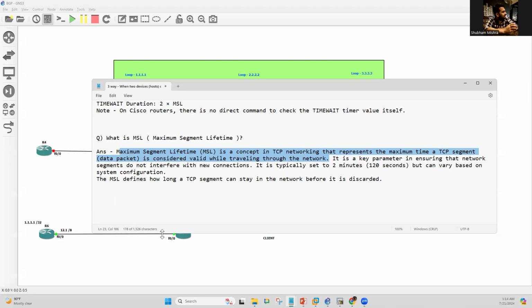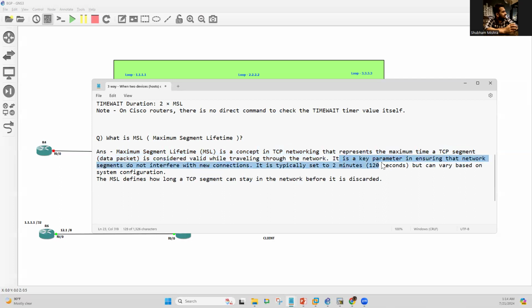MSL is the time frame used in TCP networking. And with the help of MSL, the router establishes a TCP connection. So that is the TCP connection establishment timer. You can remember it like this. Are you getting my point, everyone?